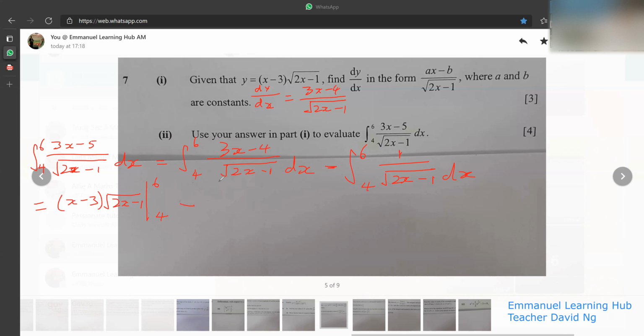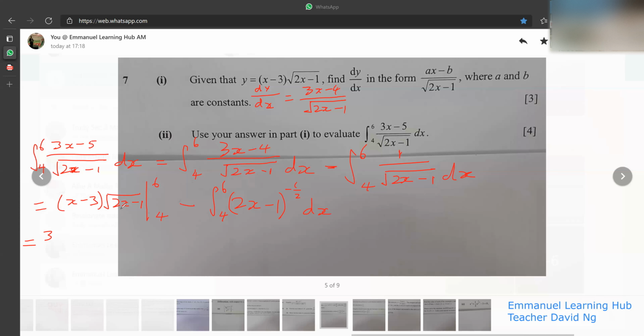Okay. Then this one would be 2x minus 1 to the power of minus half. Okay. So for the integration, I substitute 6 inside here. 6 minus 3 is 3.